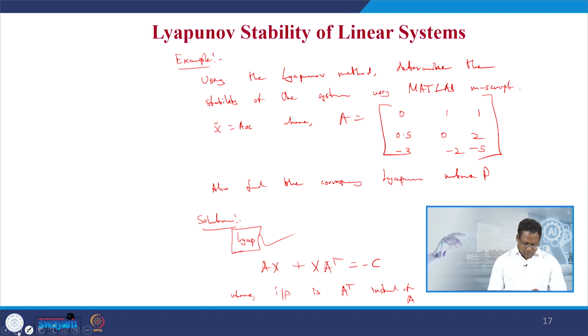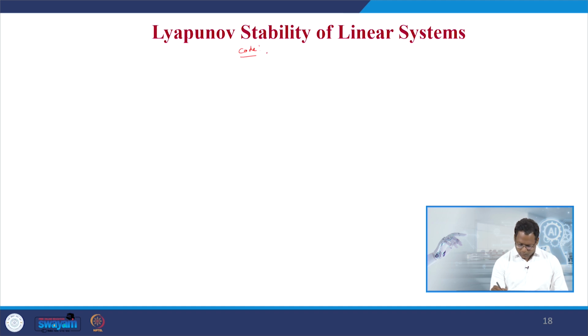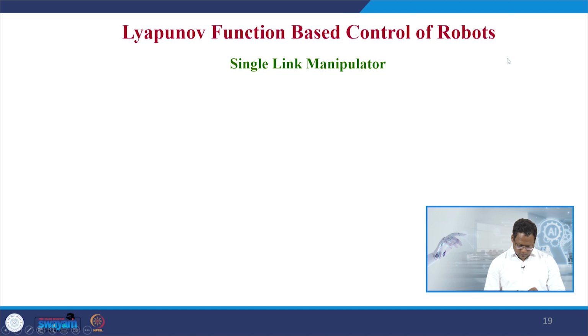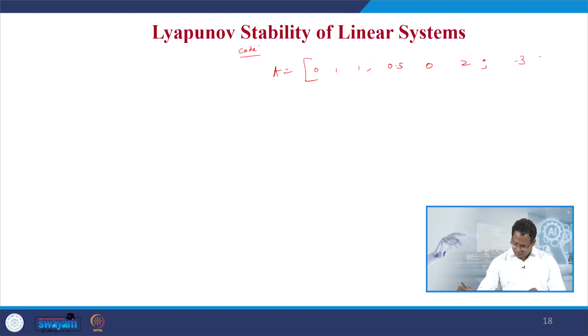So, the code is going to be: A matrix, which is [0 1 1; 0.5 0 2; -3 -2 -5], and let us say that Q equal to an identity matrix of size 3 cross 3.